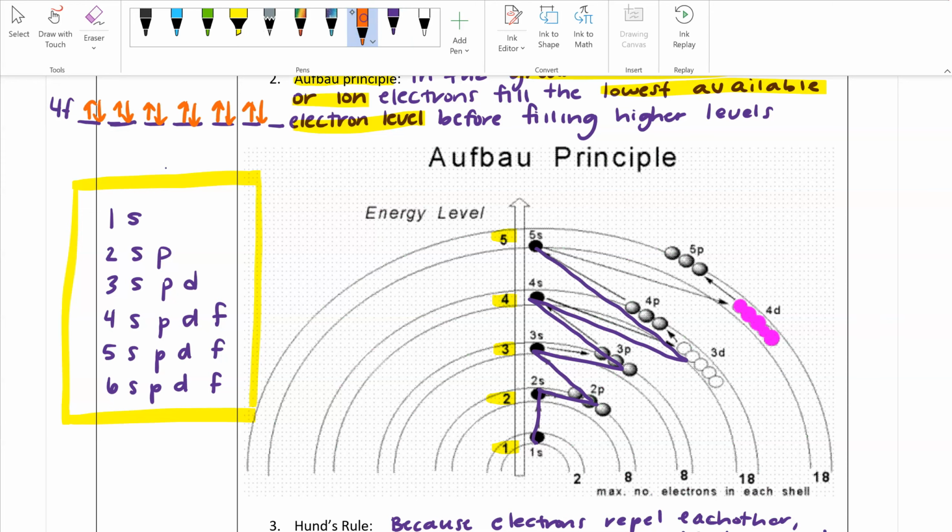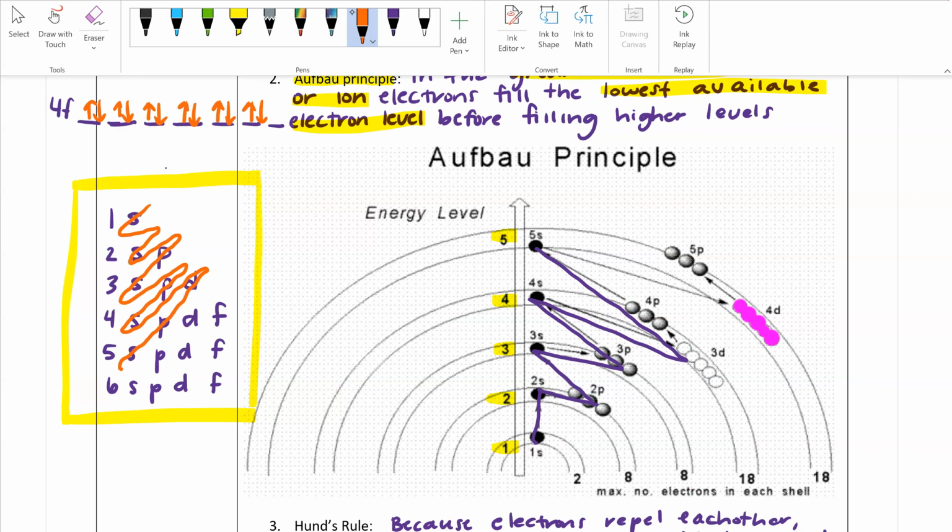If you draw this diagram on your AP test or on anything that you're working on, you go in diagonals. So I fill the 1s, and then I come in, I fill the 2s, and then I come back and fill the 2p and the 3s, and then I come back and I fill the 3p and the 4s before filling the 3d and then the 4p and then the 5s, et cetera.